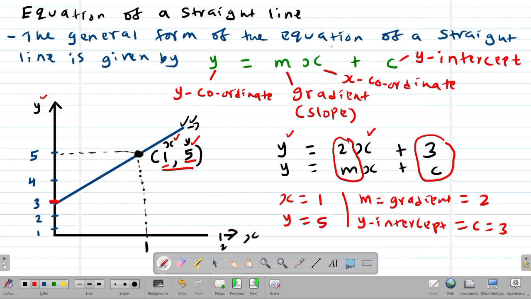Having looked at the general form of the equation of a straight line, we can also look at other forms of the equation of a straight line.